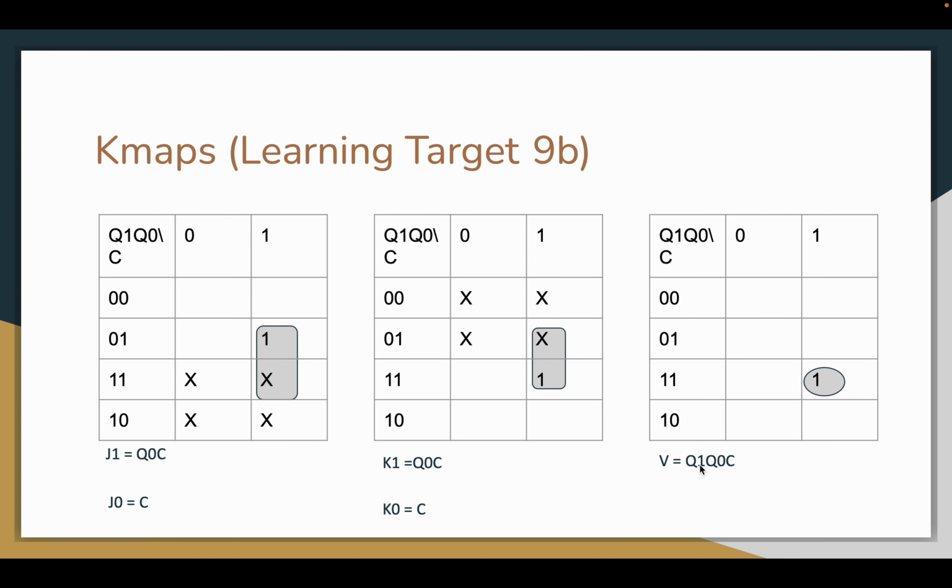Then we have V equal to Q1 Q0 C. And J0 is equal to C and K0 is equal to C. I didn't really make any K-maps for these two, I was able to get the information right away, as they were both similar.